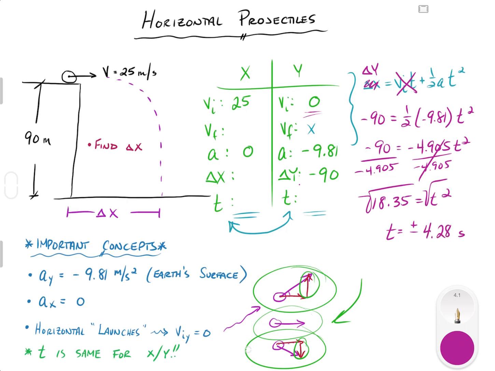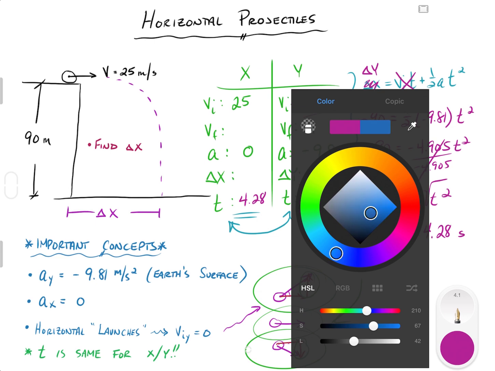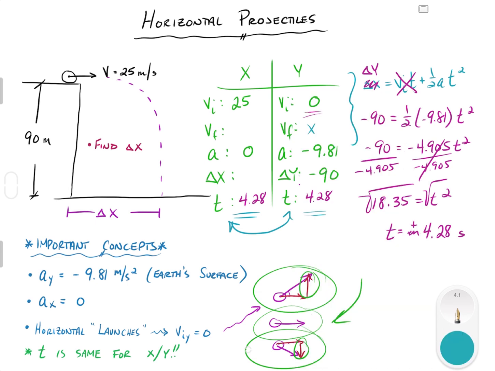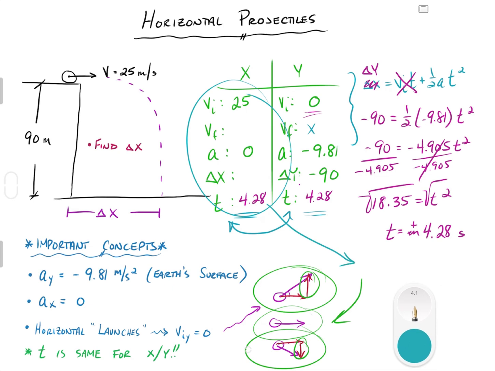Now, unfortunately, as we said, we didn't really invent time travel, so we can go ahead and get rid of that negative. We know that the actual amount of time has to be 4.28 because negative time makes no sense. Now I've got my 3 variables on the other side. I'll write this in blue. So if I take these 3 variables and I do my work down here, if I want to find delta x, well, delta x equals VIT plus 1/2 AT squared again.